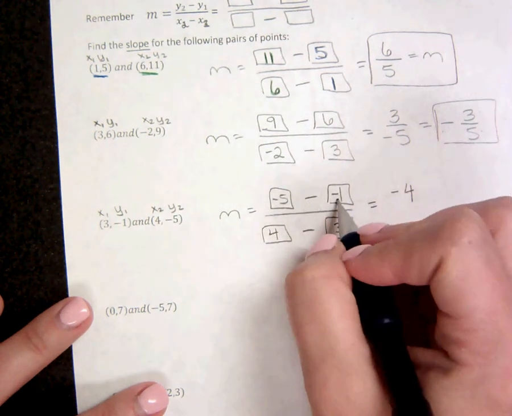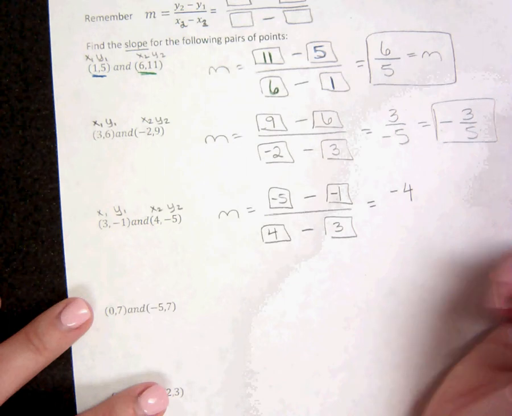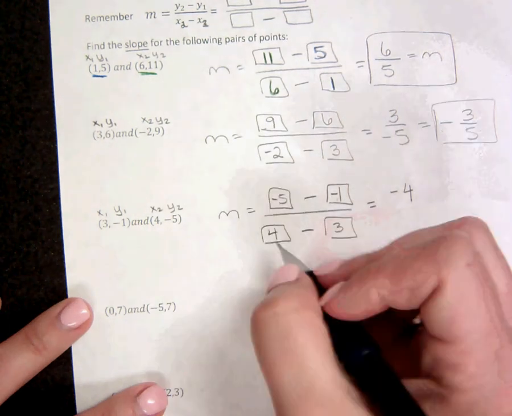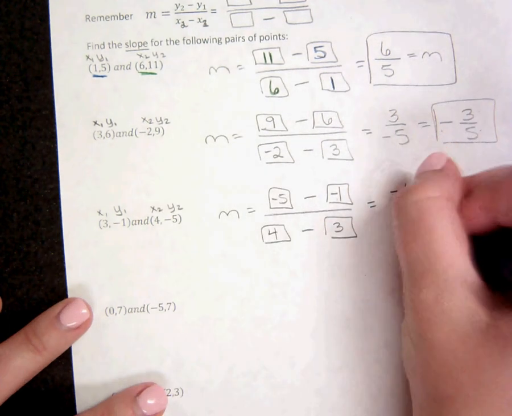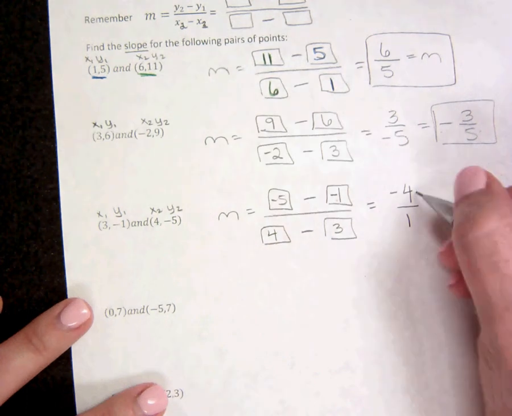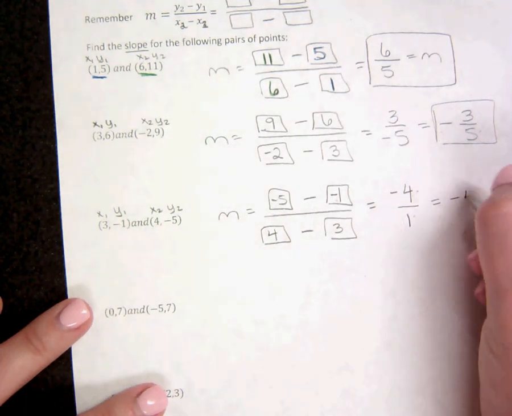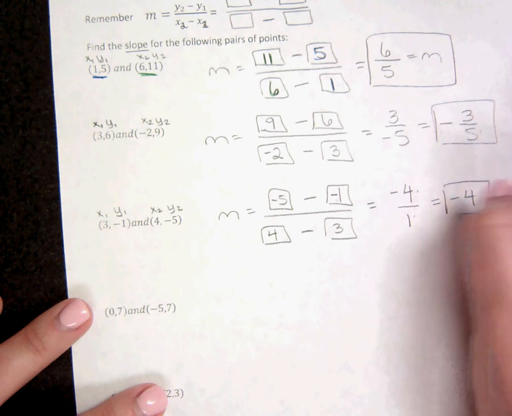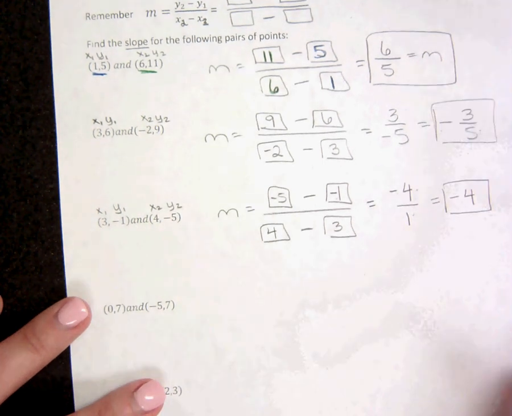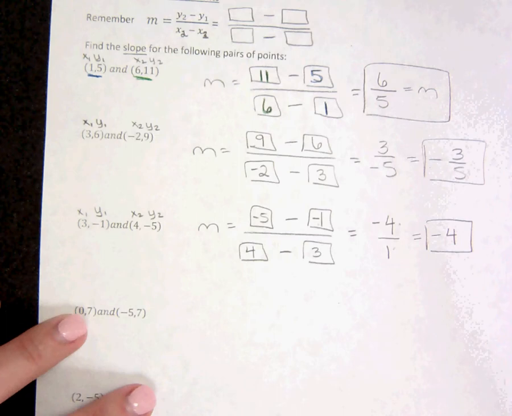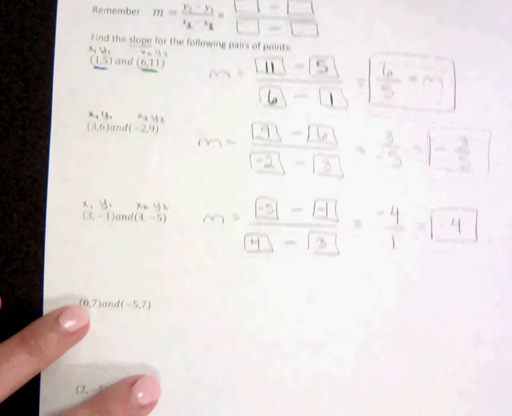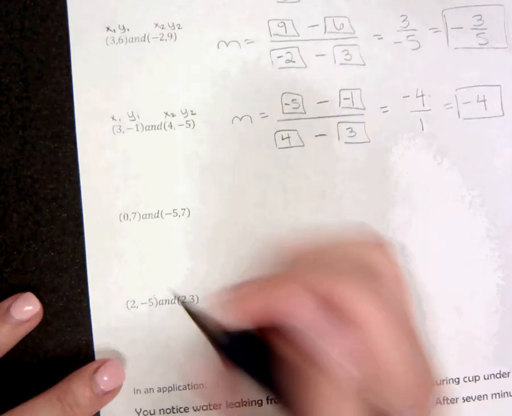The minus and the negative kind of cancel each other out, so it becomes negative 5 plus 1. And then 4 minus 3 is 1. I like to have a top number and a bottom number for slope. I think in my math lab it just wants the negative 4 simplified. So you can get fractions, you can get integers.